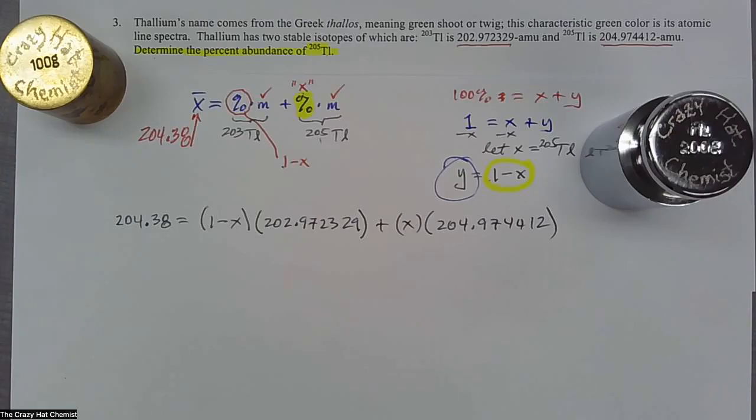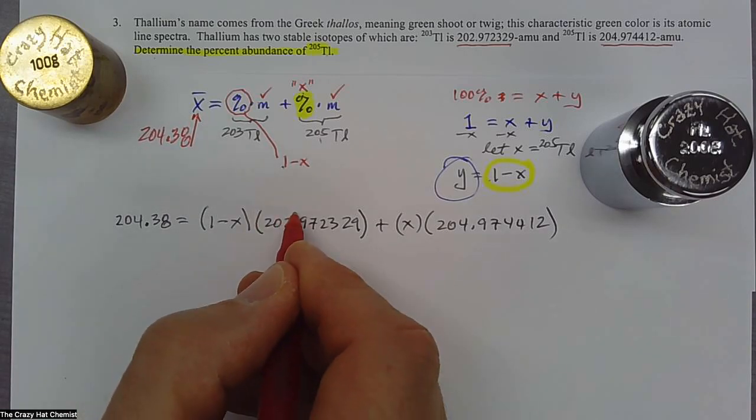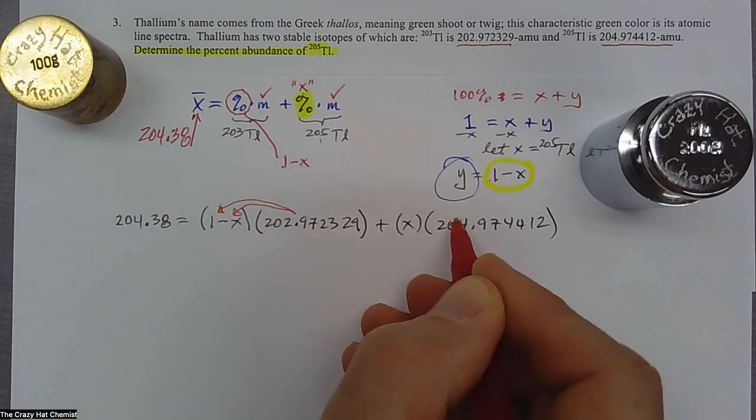Perfect. Now we're going to do our mathematical wizardry here and use our Algebra 1 skills. We are going to take this number and distribute it over both terms here and then multiply.